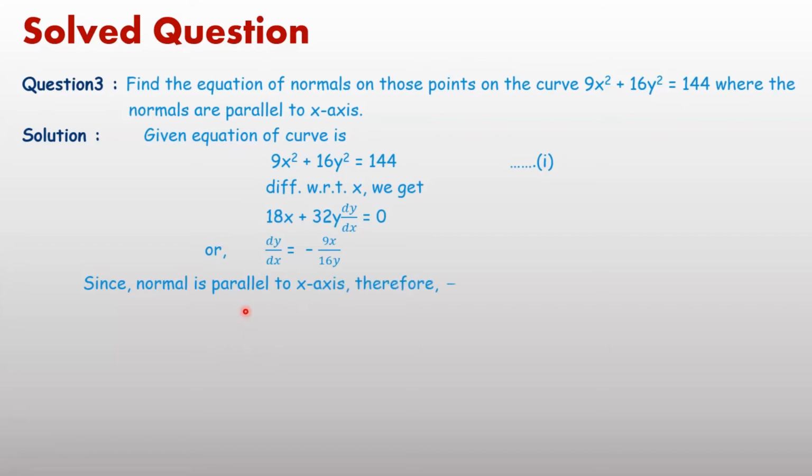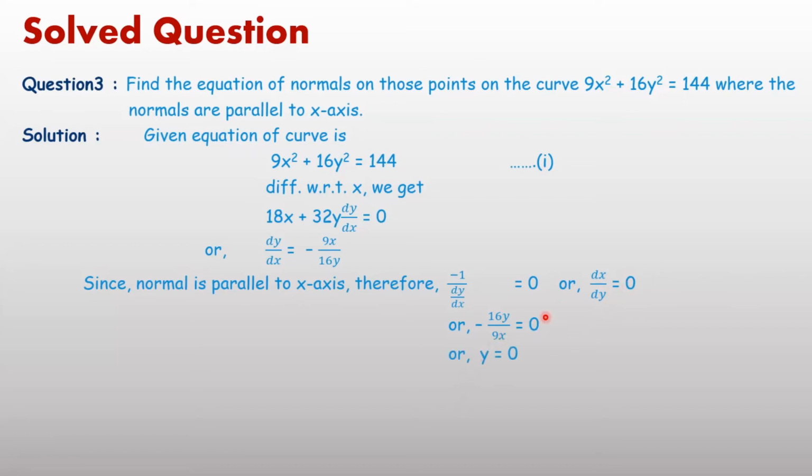Since normal is parallel to x-axis, therefore directly we can write slope of normal is 0. And slope of normal is 0 means m dash equal to 0, means minus 1 upon dy by dx equal to 0, or dx by dy equal to 0.